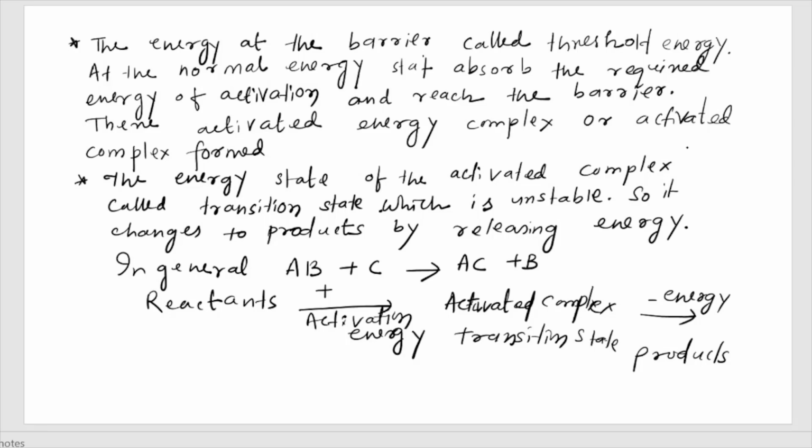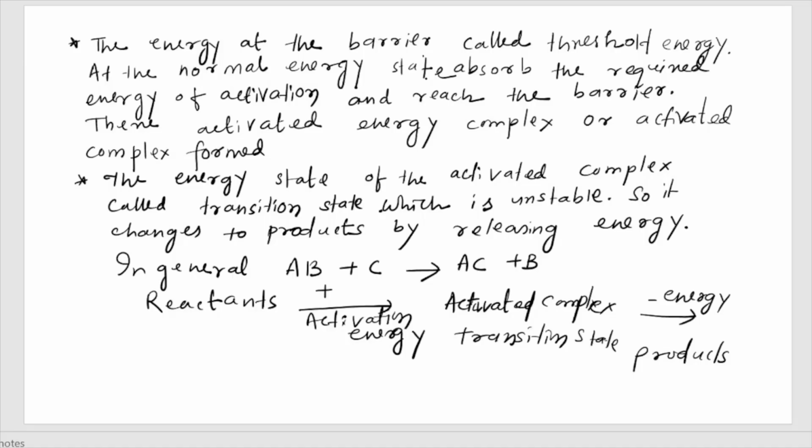At the normal energy state, if you absorb the required energy of activation and reach the barrier, the energy at the barrier is called threshold energy. When the threshold point is reached, the activated complex is formed.